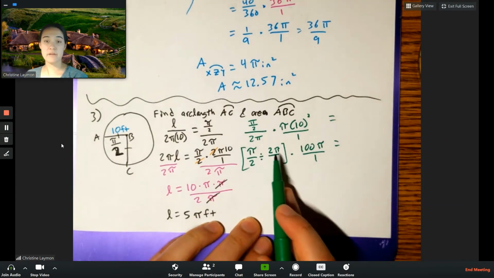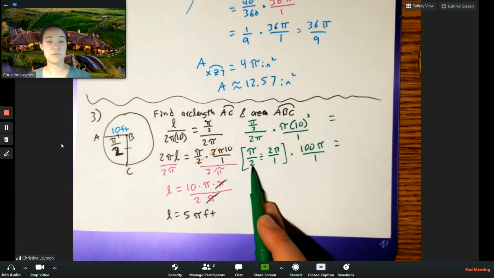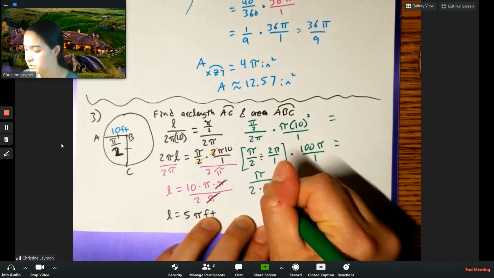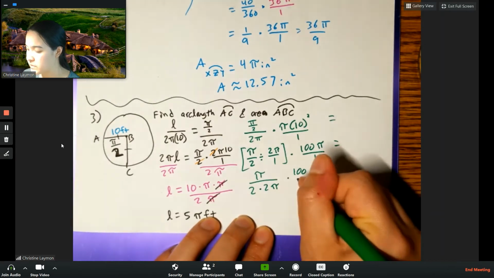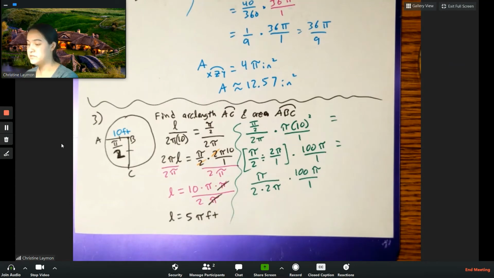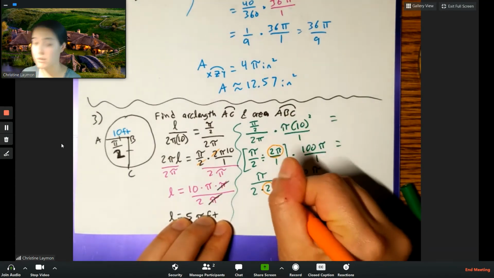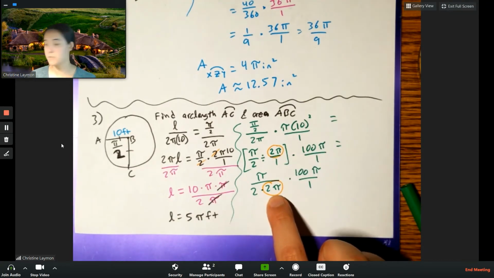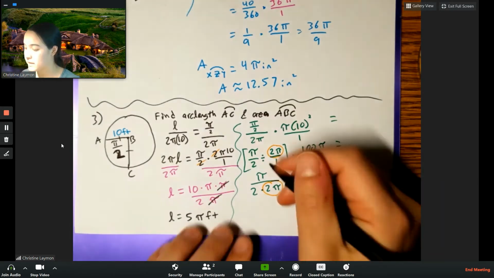Remember, dividing by a fraction is the same thing as multiplying by its reciprocal. So the bottom of this is really 2 pi. So pi over 2 times 2 pi times 100 pi over 1. Let me separate this. So again, notice what I just did. This 2 pi here is this 2 pi right there, because multiplying by the reciprocal puts that thing in the bottom. And also notice then that these pi's can cancel out.